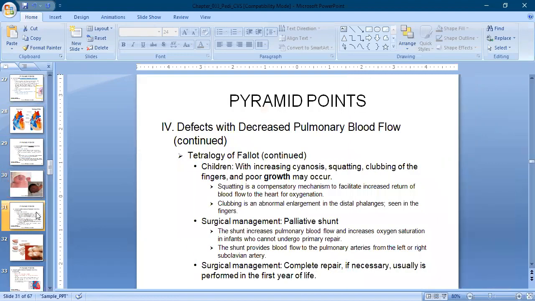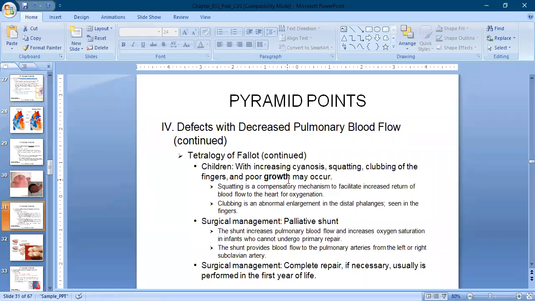What is the treatment of Tetralogy of Fallot? The treatment is surgical repair within the first year of life. If the baby does not get the Tetralogy of Fallot corrected, they develop increasing cyanosis, squatting, clubbing of the fingers, and poor growth may also occur.